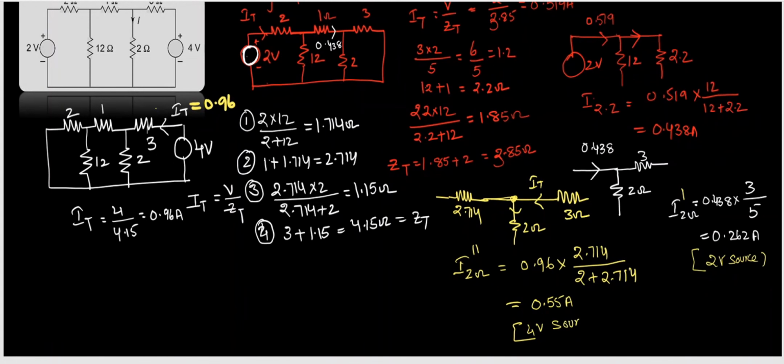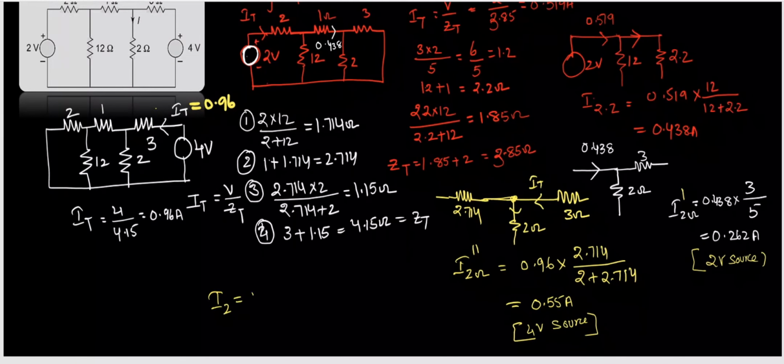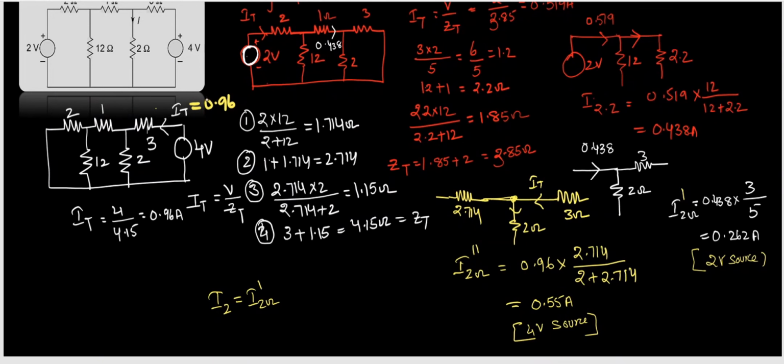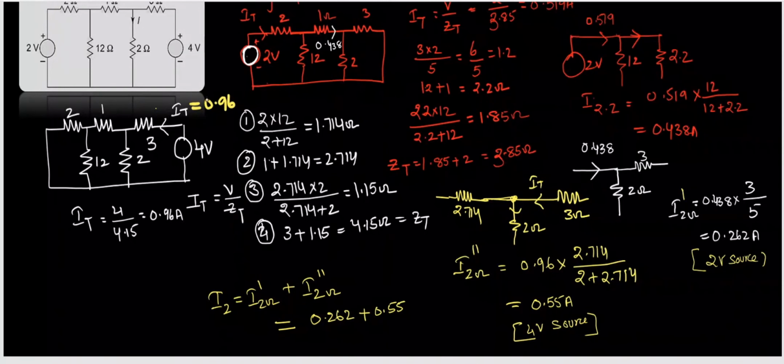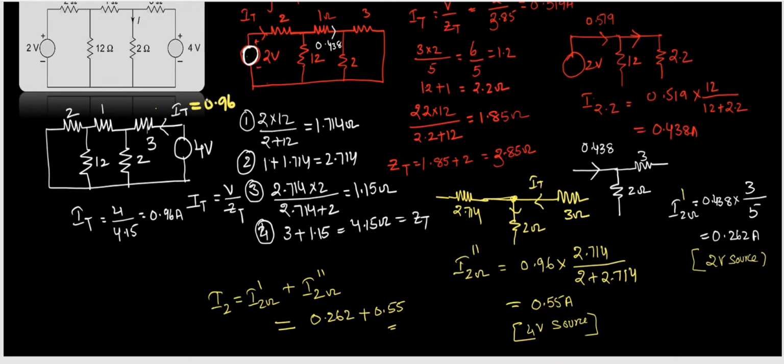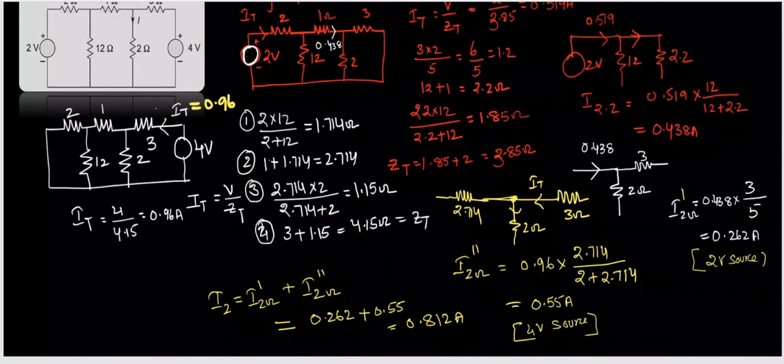And the total current I2 is equal to I2 dash plus I2 double dash. That is equal to 0.262 plus 0.55. How much? 0.812 amperes. So this is the current which is flowing in the 2 ohm resistance.